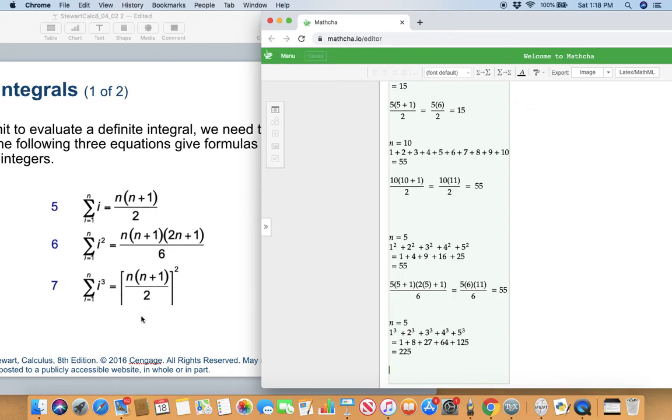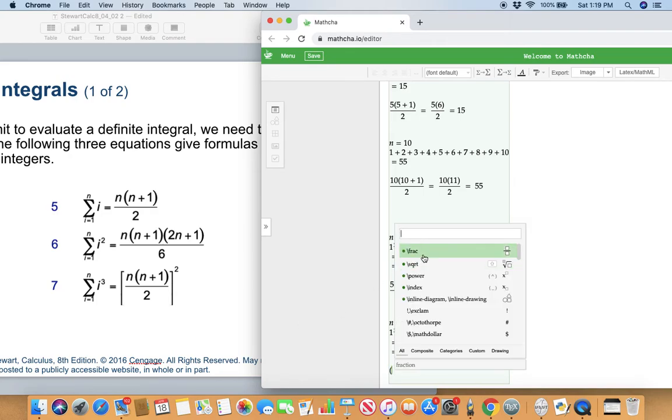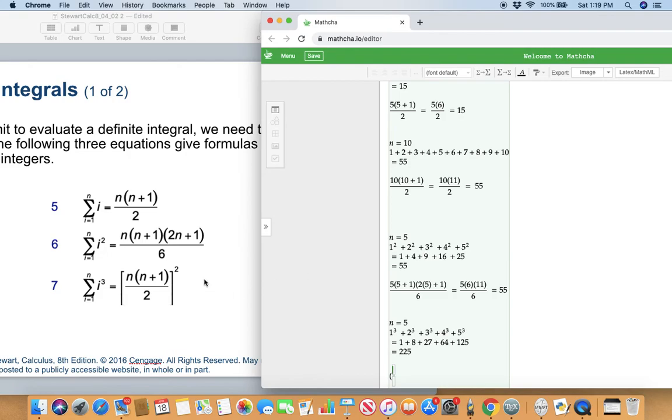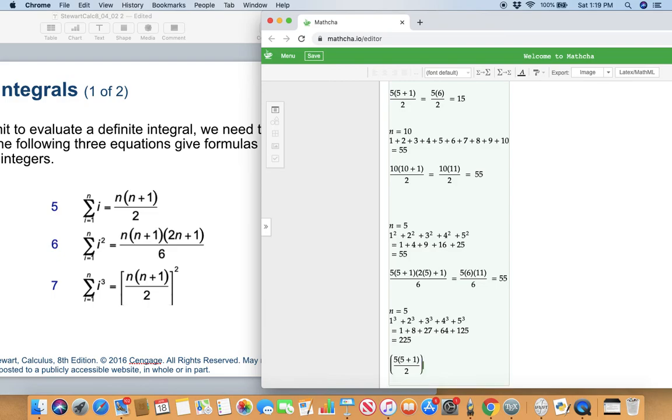Whereas my formula on the right is a fraction in parentheses. What's upstairs? n is 5, 5 times (5 plus 1), denominator is 2, and close the outer parenthesis, power 2.